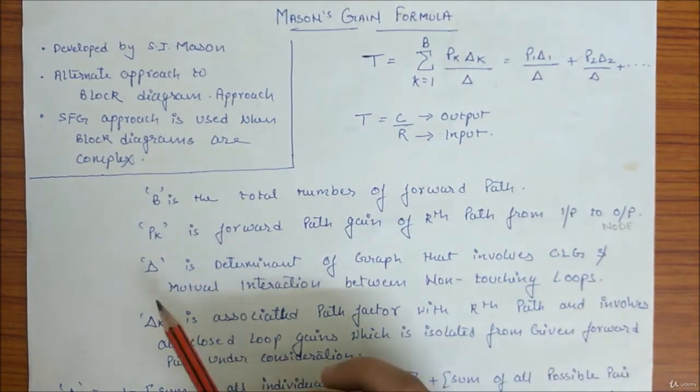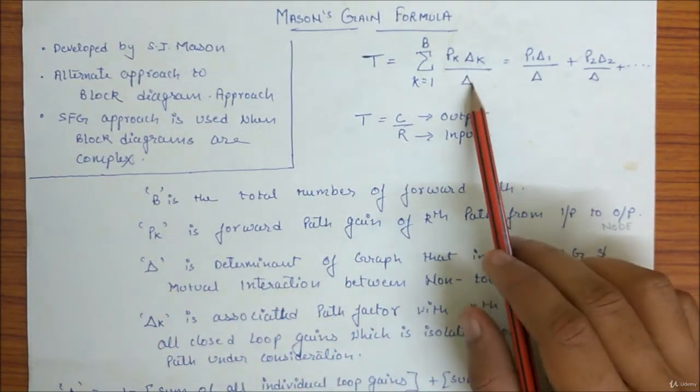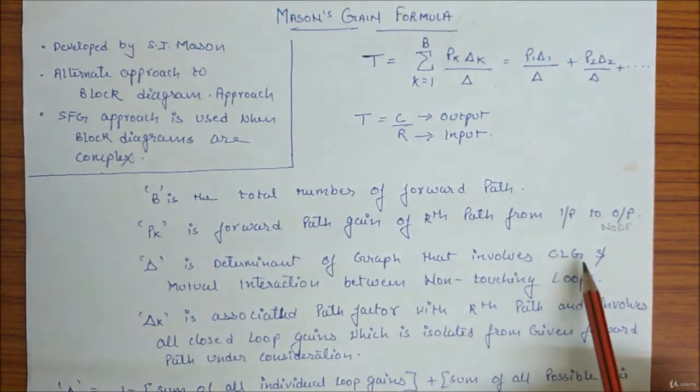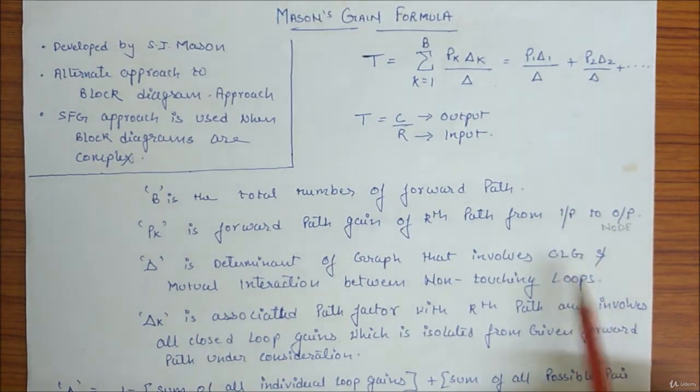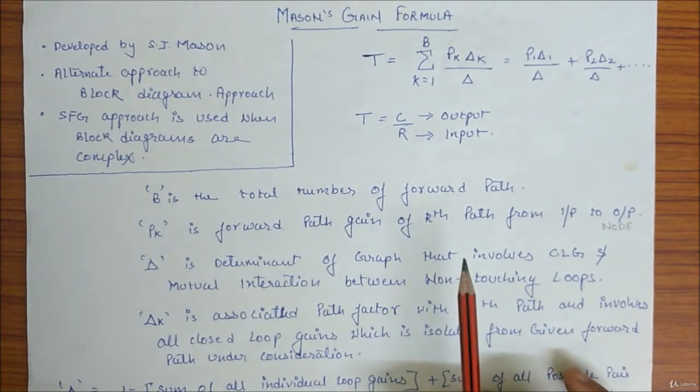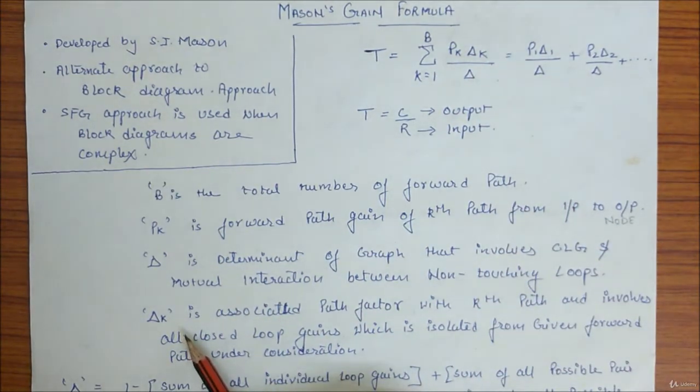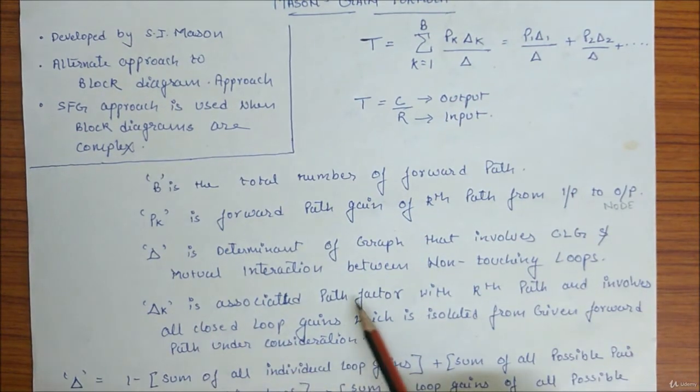Del is the determinant of the graph that involves closed loop gains and mutual interaction between non-touching loops. Del k is the path factor associated with the kth path and involves all the closed loop gains which are isolated from the forward path under consideration.